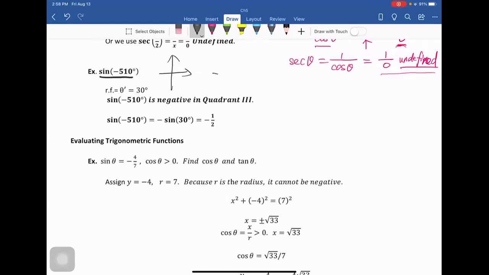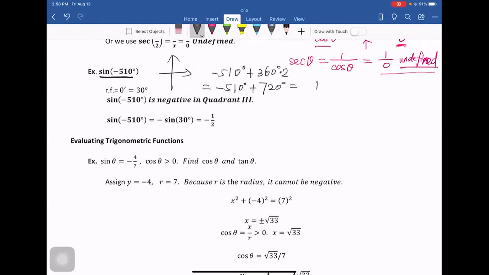I can use negative 510 degrees plus 360. If it's very small, I will use it. If it's still too big, I can use 360 times 2. I think I'd better use 360 times 2. That means negative 510 degrees plus 720 degrees.